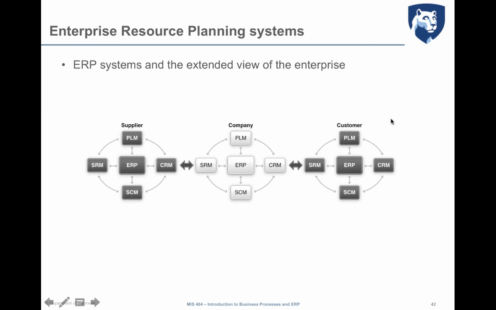Pay attention that thanks to the suite extension characteristics, ERP enables intercompany process management. In particular, if this is our company, thanks to the extension of the inbound and outbound modules, so for supplier relationship management and for customer relationship management, our company is able to connect with its main supplier and with its main customer, realizing a digital or electronic integration.